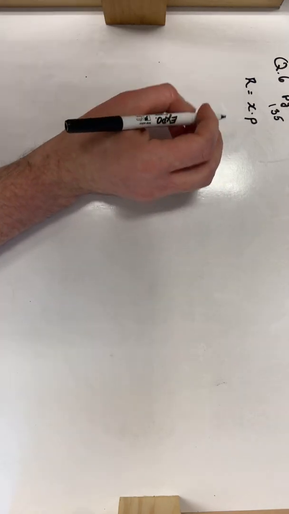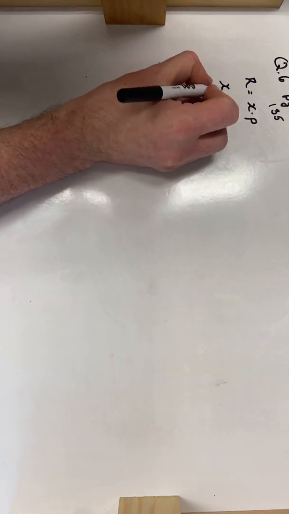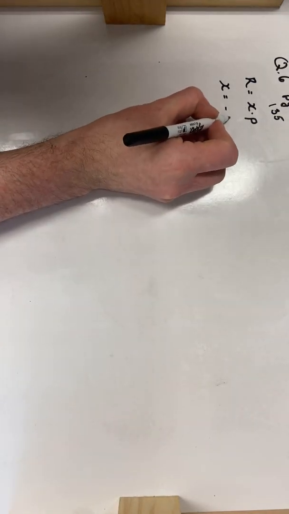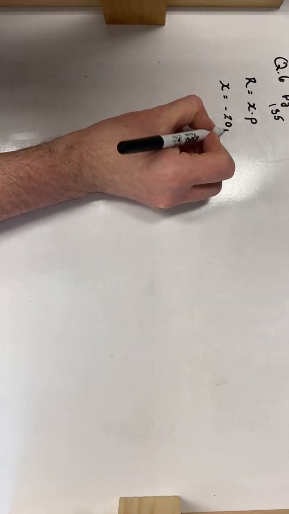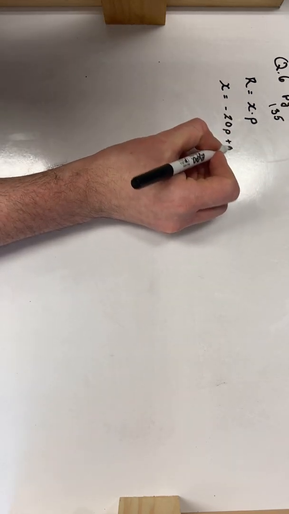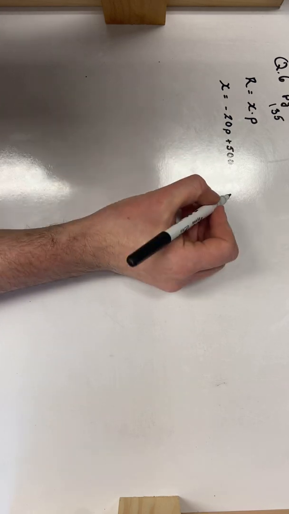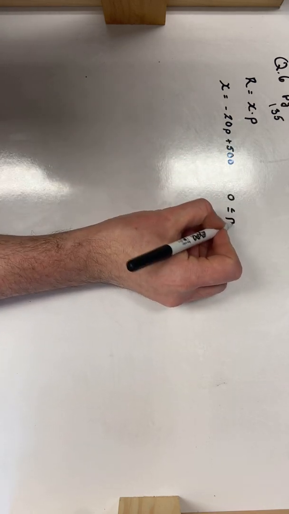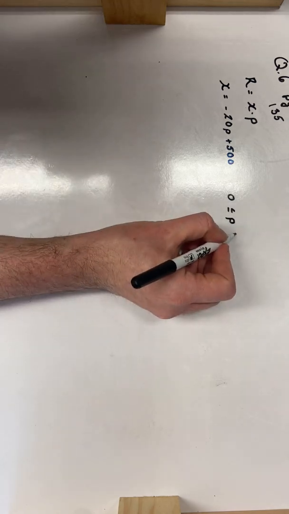We are told in this question that X is equal to minus 20 times P plus 500, and this is for P between 0 and 25.